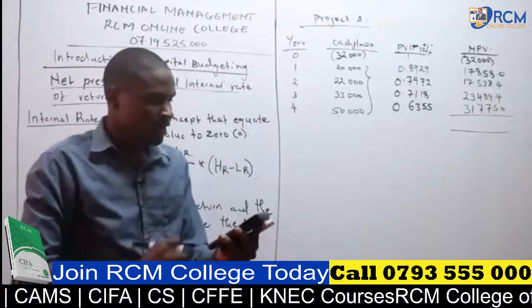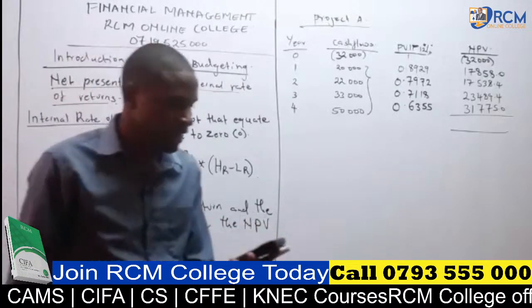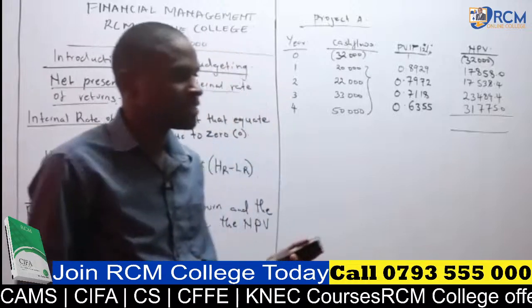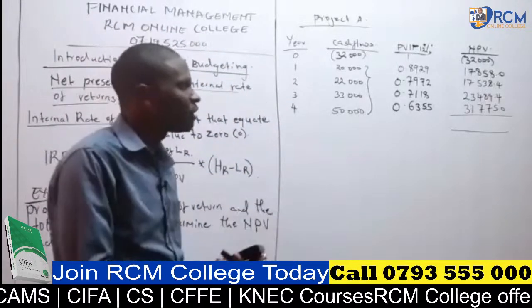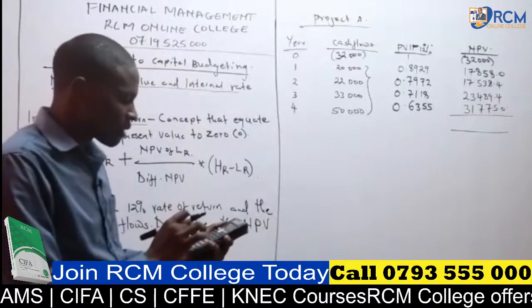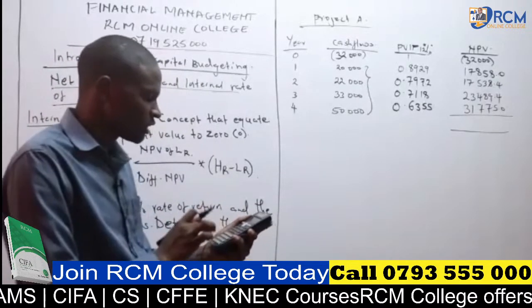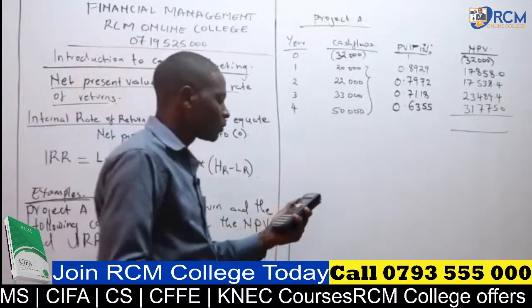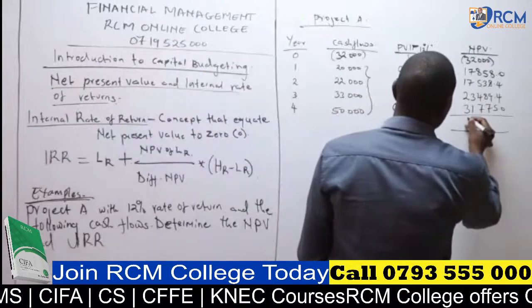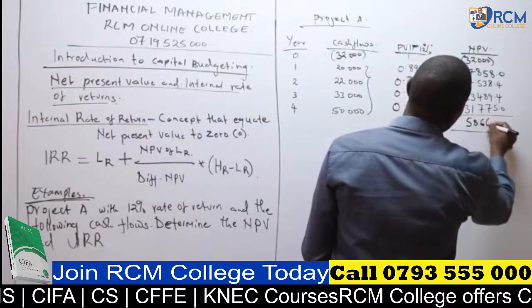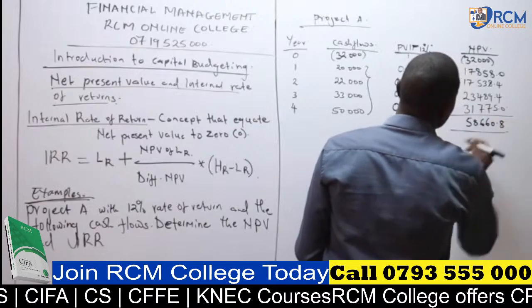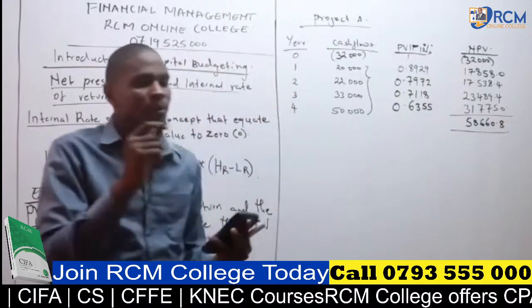I'm getting 90,660.8. I think you can confirm for me with your phone. Then I subtract the initial outlay, which was 32,000, giving 58,660.8. 58,660.8 is my net present value.